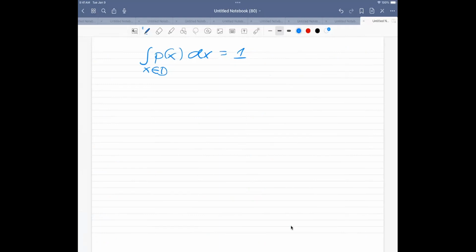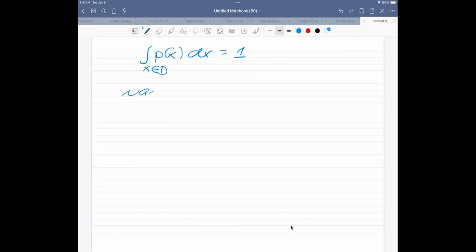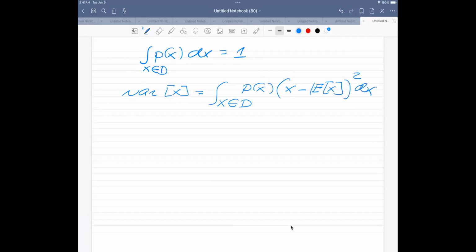Now, if we then look at the variance of this quantity x, so I'm writing it like this, it is obviously given, and later we are going to introduce the covariance as well. This is now given by P of x, multiplied with x minus the true expectation value of x, which is a constant here, and dx.